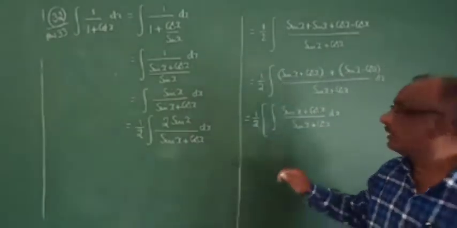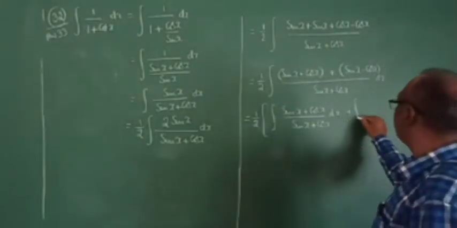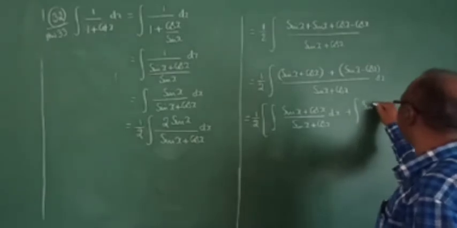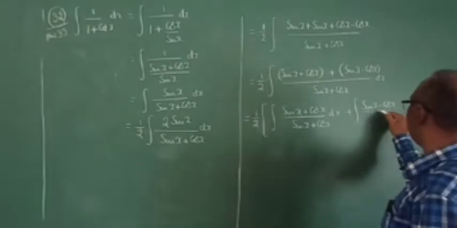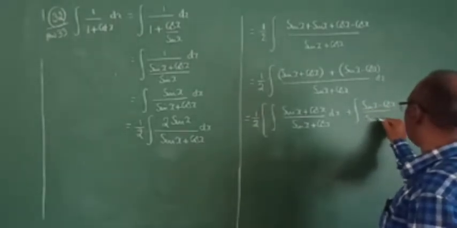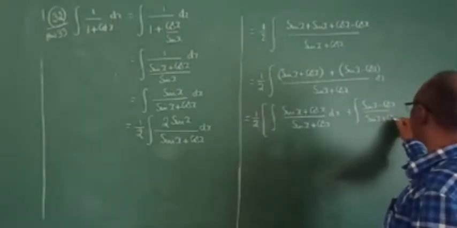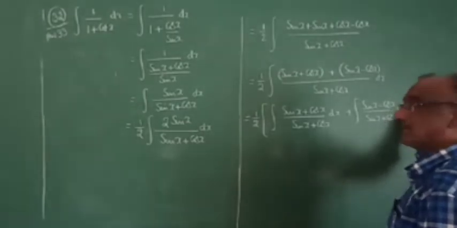The second part is integral of sin x minus cos x by sin x plus cos x into dx.